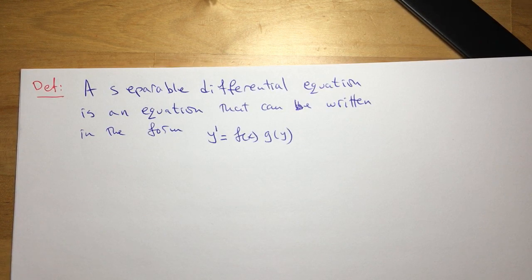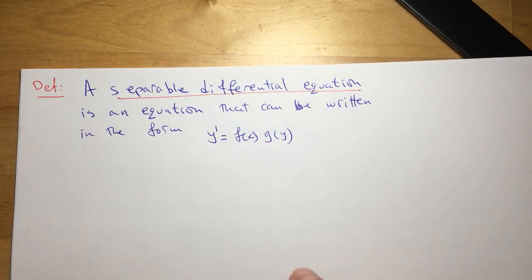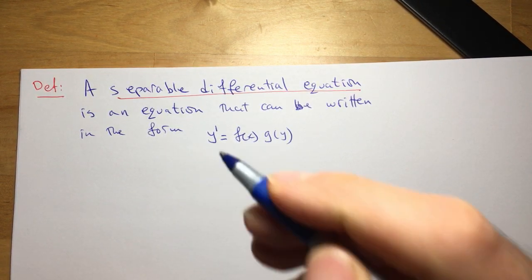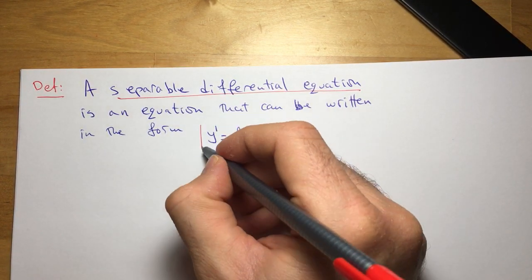So a separable differential equation is an equation that can be written in the form y prime is equal to f of x times g of y. So let's spend 1 minute here talking about what this form means, okay?